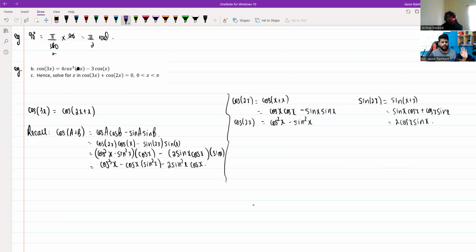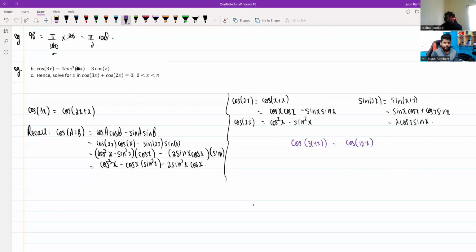The angle is sacred. I like to call the angle very, very sacred. We don't really interfere with the angle unless we have some internal operation on the angle. So for example, I will only interfere with the angle if I have something like cosine of 3 into 4x. This is the only time I'll interfere with the angle. This is cosine of 12x.